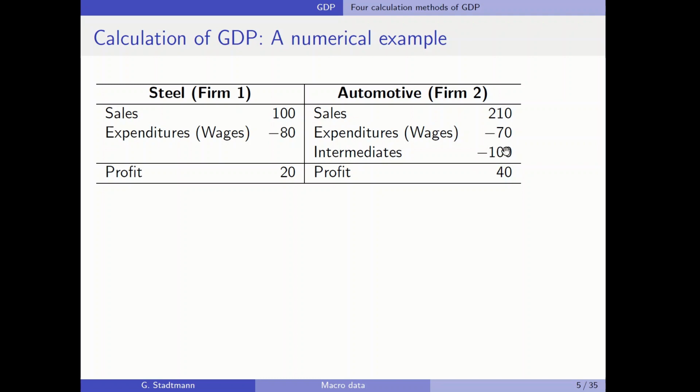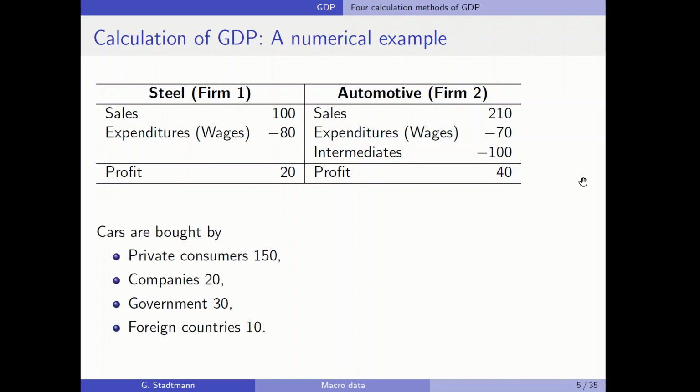So you can see here the value of 100 euros representing the steel. The automotive company is selling the cars for 210. The wages are equal to 70. The intermediates are equal to 100. This is the steel. And the profit generated in company 2 is equal to 40.